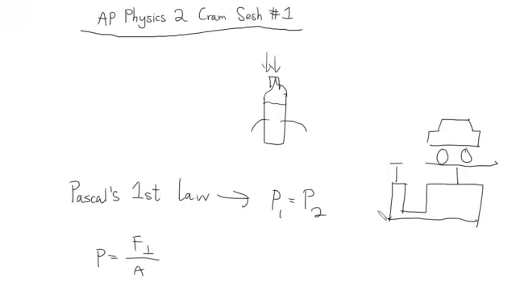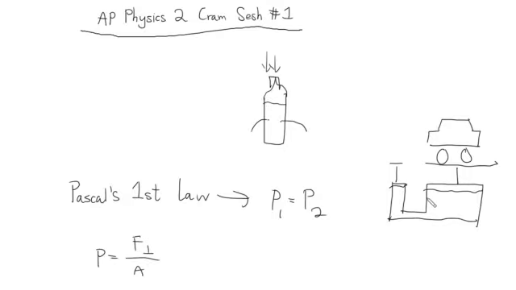If we fill this with some fluid, like so, we can see that if we apply a small force here, to a low cross-sectional area, it would equate to a large force over a larger cross-sectional area, since the increase in pressure has to be uniform.